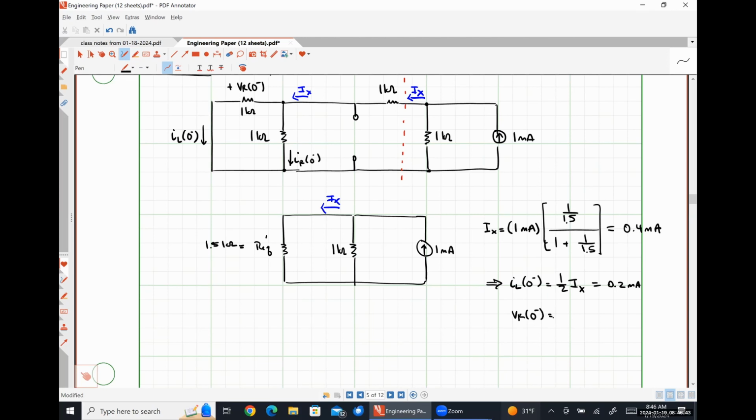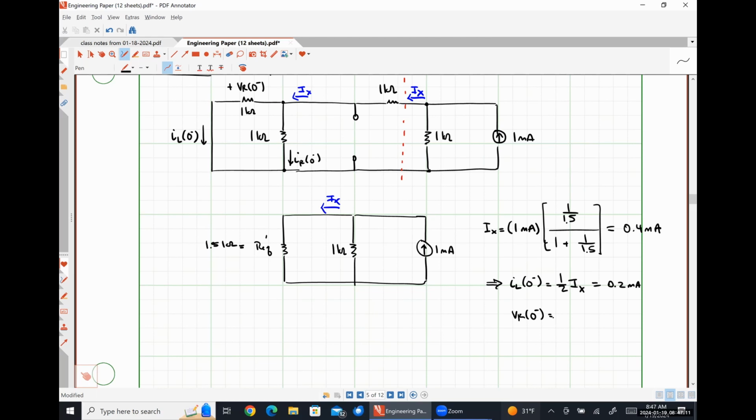From this, what's VR at 0 minus? So 0.2 milliamps is flowing into the negative polarity terminal of a 1 kilo ohm resistor.